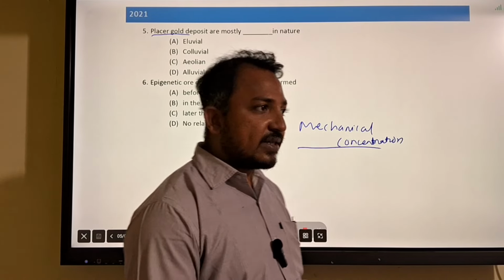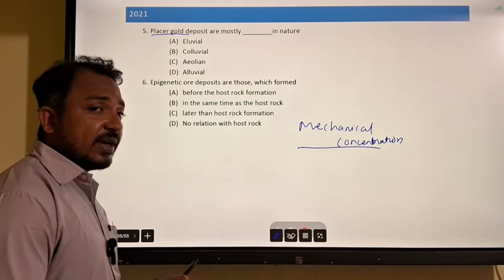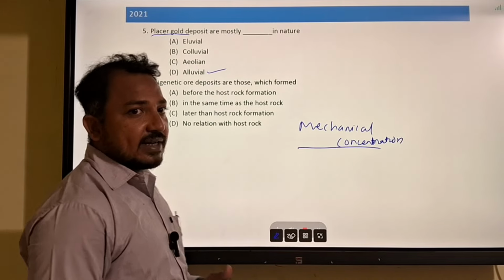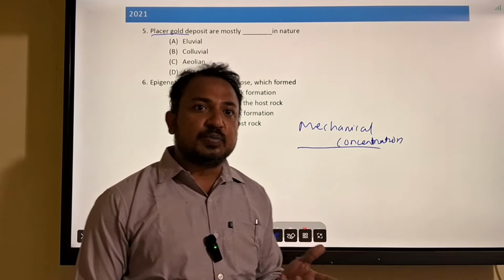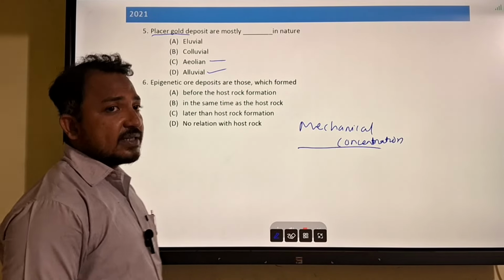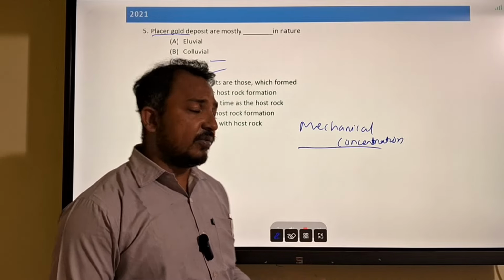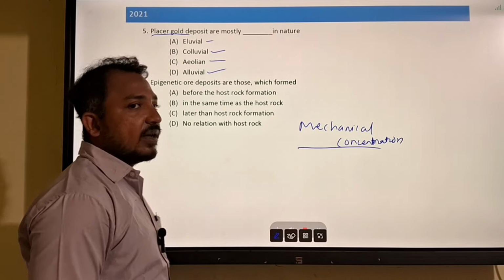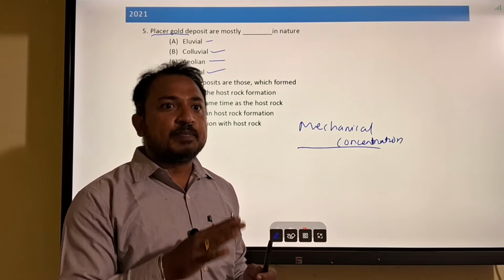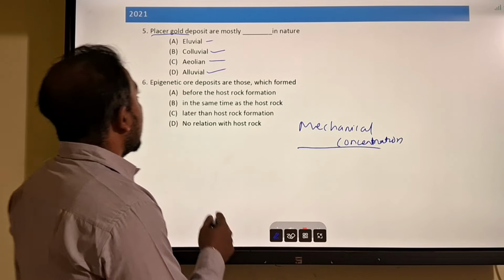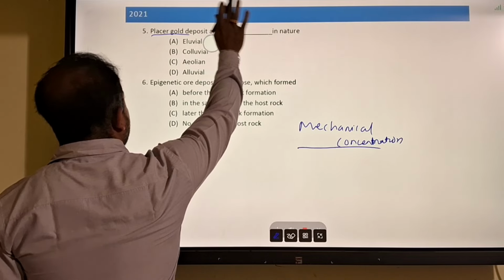There are different placers depending upon the agent involved. Alluvial placer is a placer produced because of running water. Then aeolian placer is a placer that occurs because of wind action. Then colluvial depends upon the hill slope and foothill.